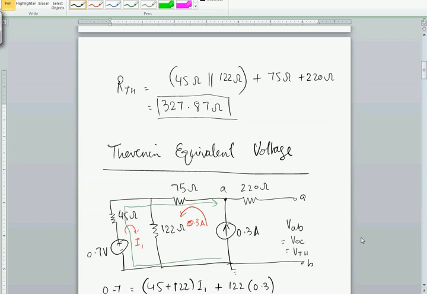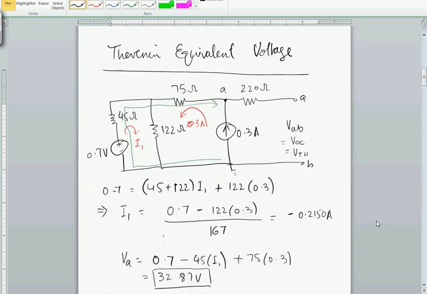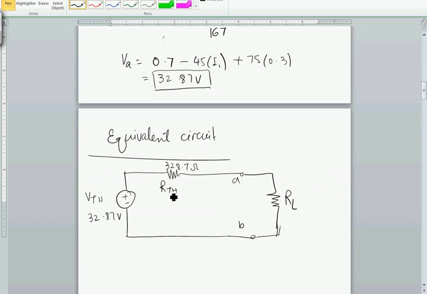Make sure to start combining the resistors from the opposite side, and then move towards the side between which you are trying to find the equivalent resistance. Once you get the equivalent resistance, put the sources back and find the open circuit voltage between the terminals where the load was connected. Once you find the open circuit voltage using whichever method you want, that will be your Thevenin voltage, and the resistance is going to be your Thevenin equivalent resistance.